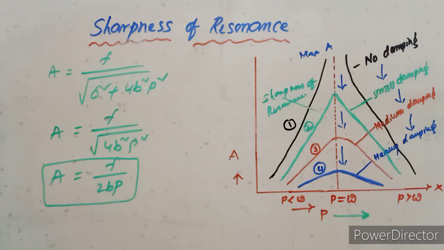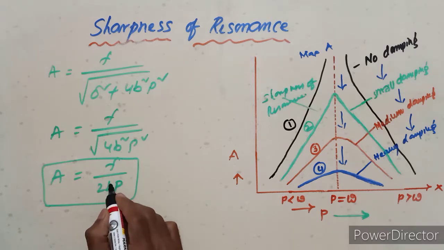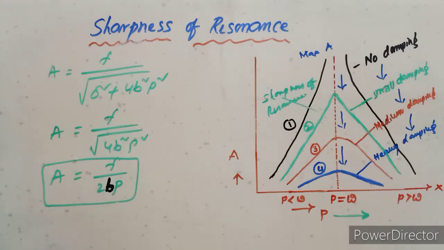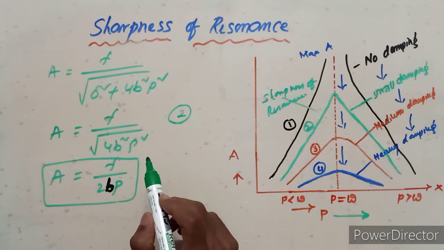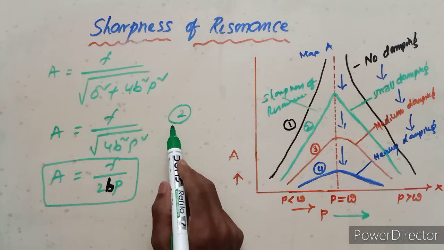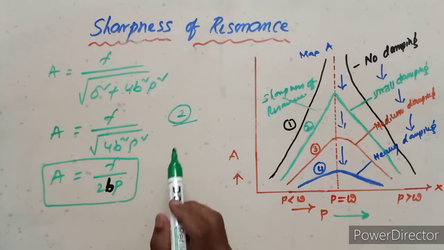Here there are two cases. When b is small, the amplitude changes; when b is heavy, the amplitude also changes. In this case, the second curve is the small damping, and that is the sharpness of resonance.